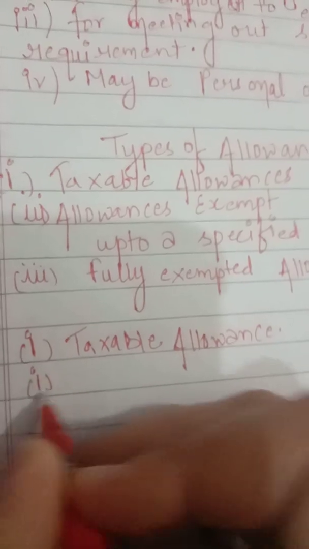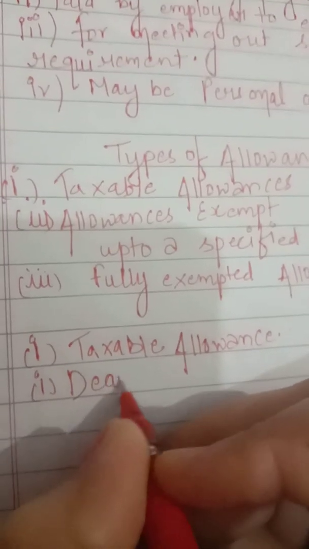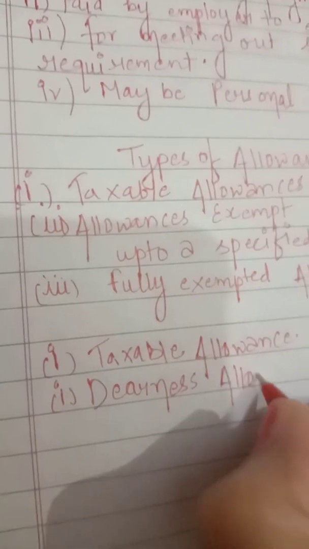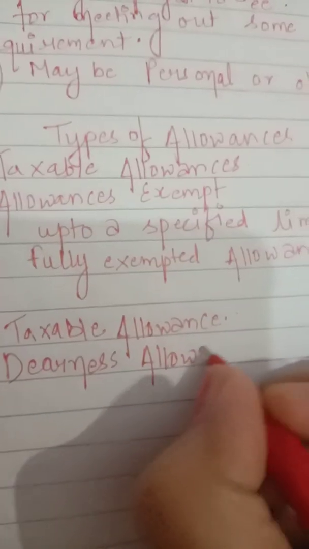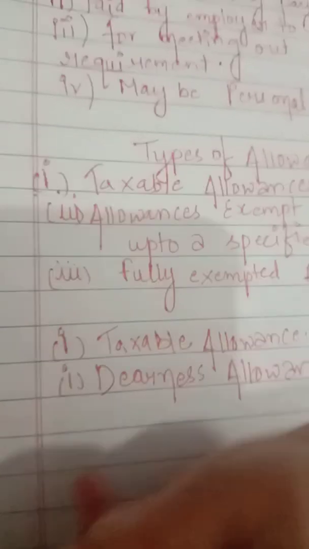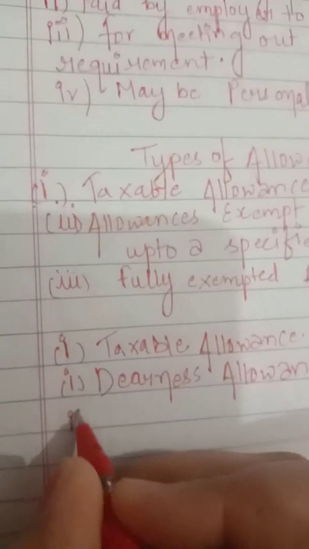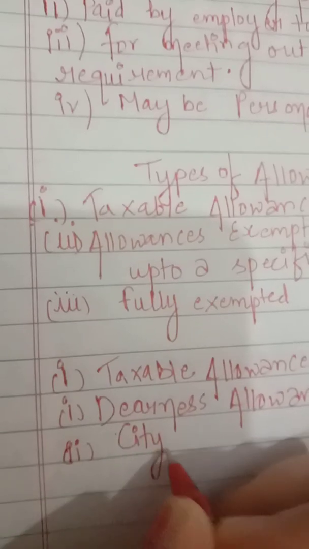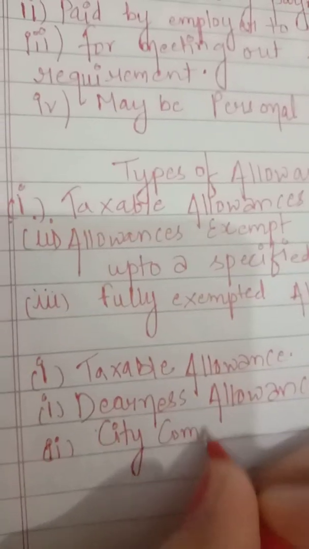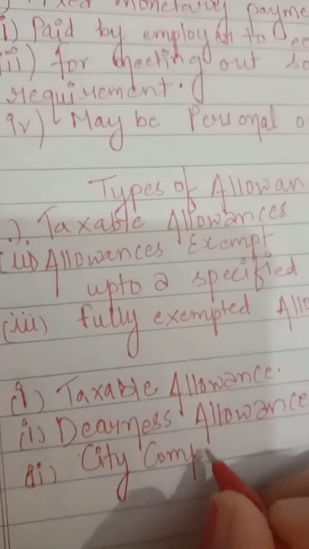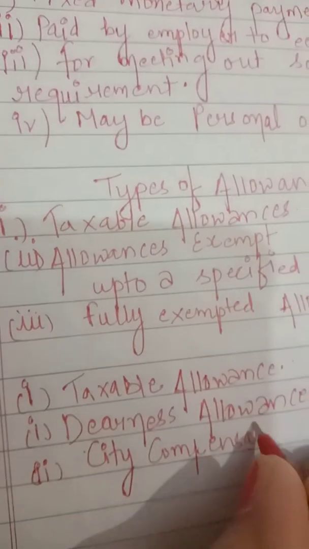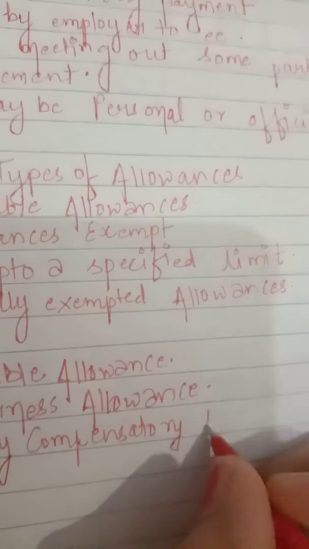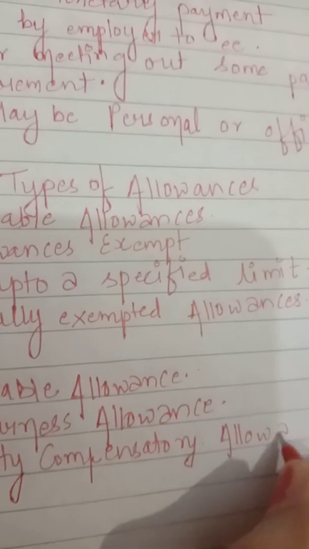Number first, dearness allowance. Second, city compensatory allowance.